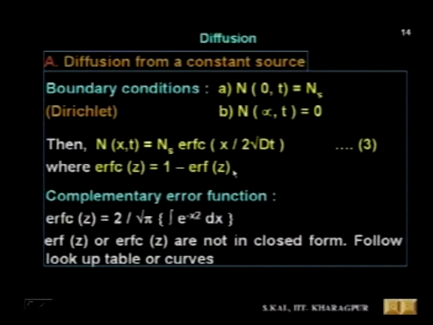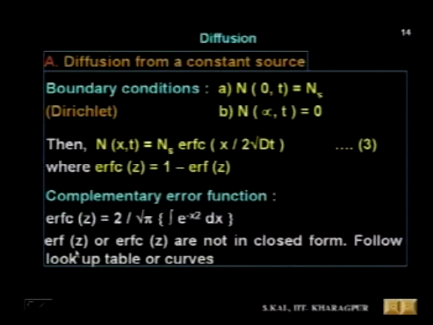And the error function is given by the relation erf z equal to 2 by root pi times the integral of e to the power minus x square dx, with integration limit from 0 to x. This is known as erf z.